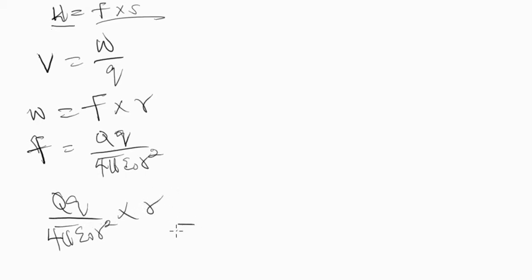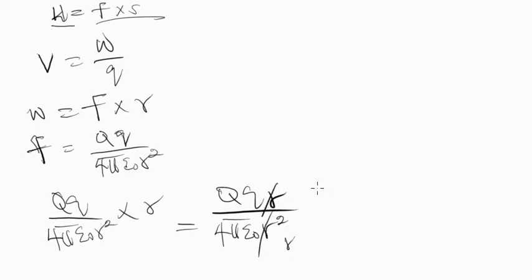Now, let's multiply this out. We'll have Q times Q over 4 pi E naught R squared. Then this times R is R. So we'll simply go ahead and divide this. This leaves this as R. So we'll simply have Q times Q over 4 pi E naught R. Alright.